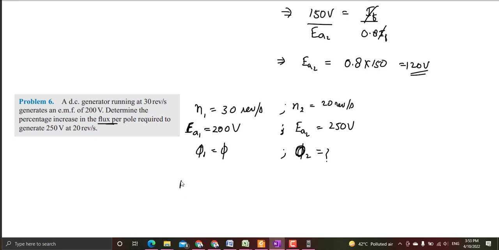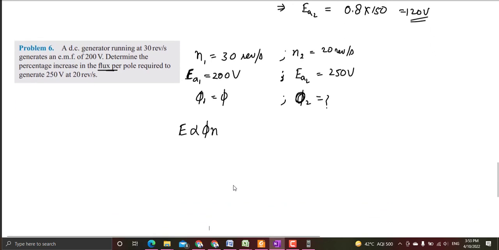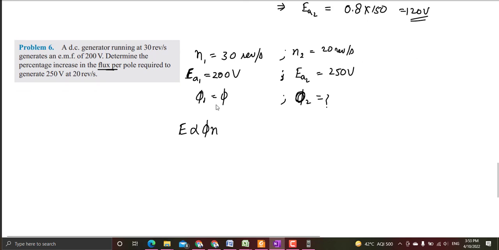Here the same generator is there, so I can write E is directly proportional to phi into N, which implies E1 by E2 is equal to phi 1 N1 by phi 2 N2.